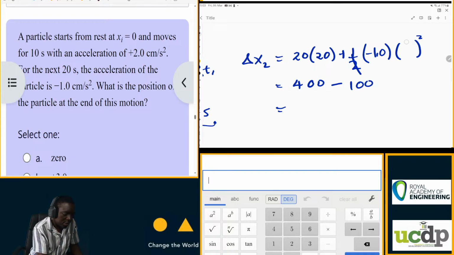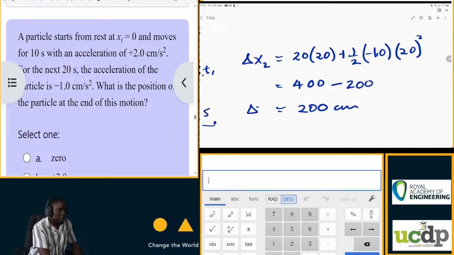This is wrong maths, guys. Sorry, this is 20. So this is half. Let's just leave no shortcuts there. Half of that. So this 20 gives us 400, and half of 400 is actually 200. So we have minus 200 there.